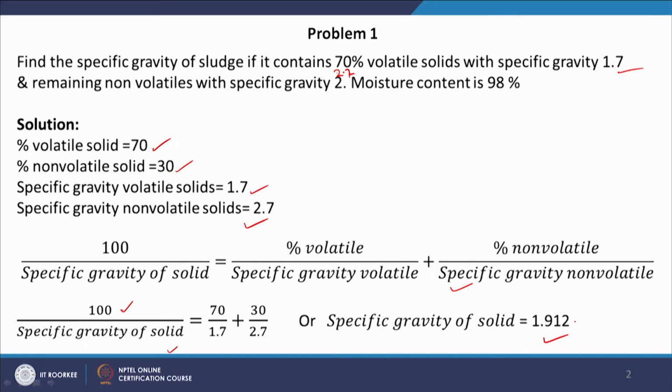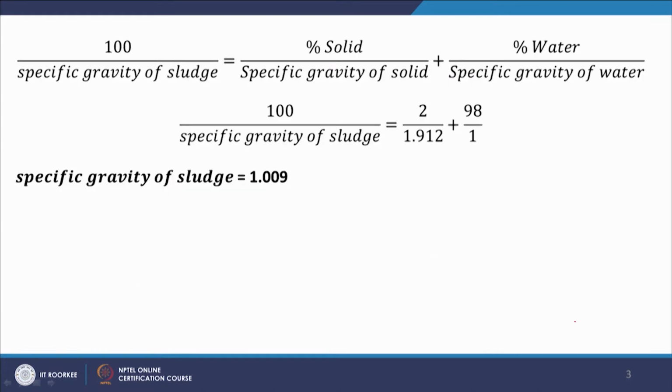But now we have to calculate the specific gravity of the sludge. So, again in the sludge we have solid and we have water. The specific gravity of the solid part we have got here, which is composed of two types of solid, volatile and non volatile, and that overall is 1.912. Then for the sludge, we will be having one solid part and another liquid part, that is water.